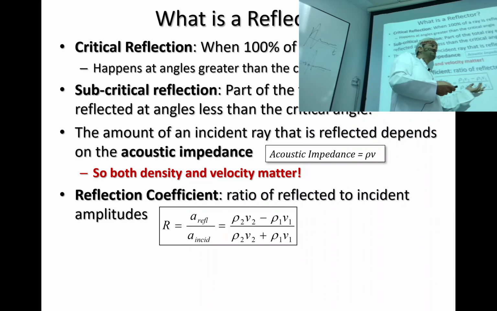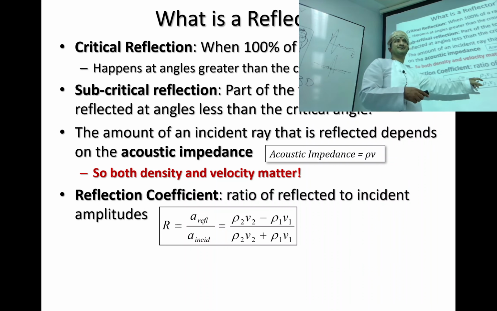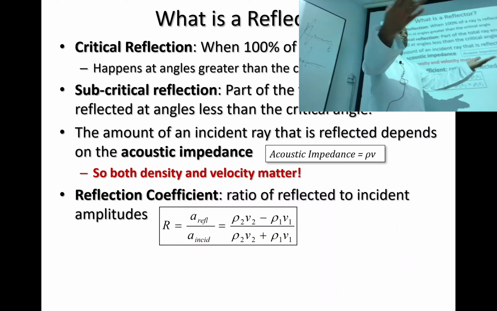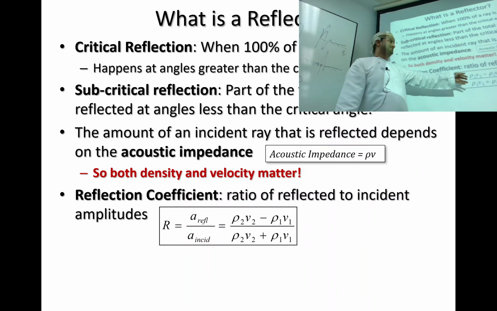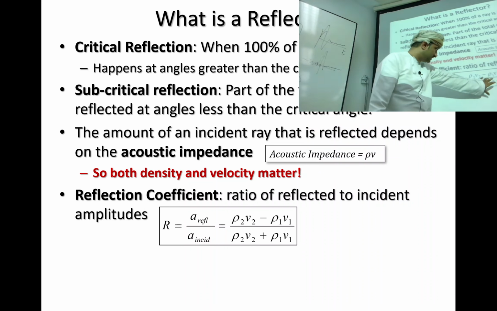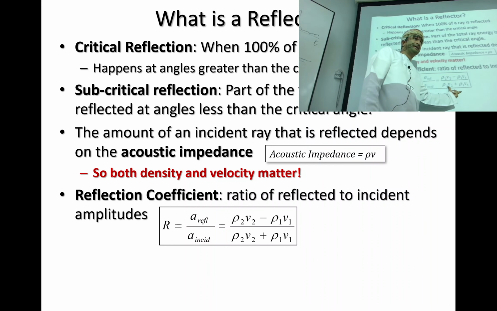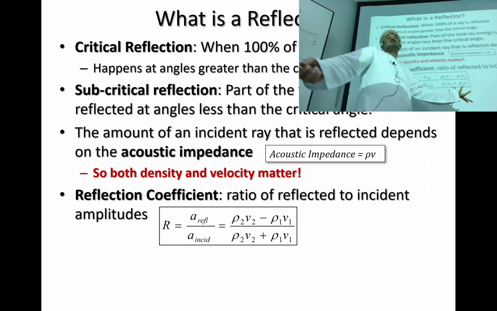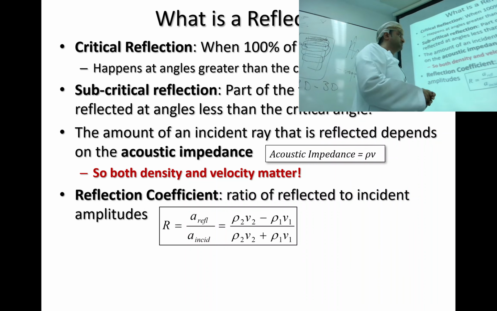Based on this formula, what's the maximum value? Yeah, don't be shy. It's 1. It's either 1 or minus 1, based on the equation you see, because the difference divided by the sum is always between 1 and minus 1.